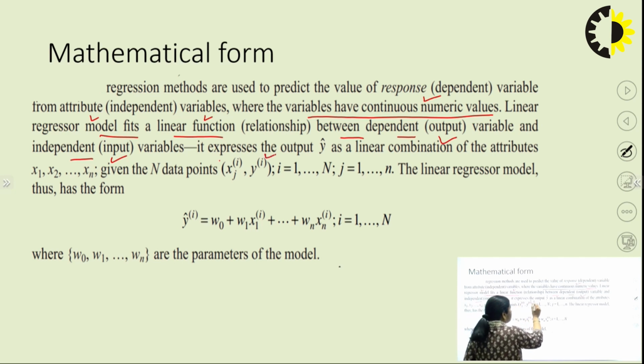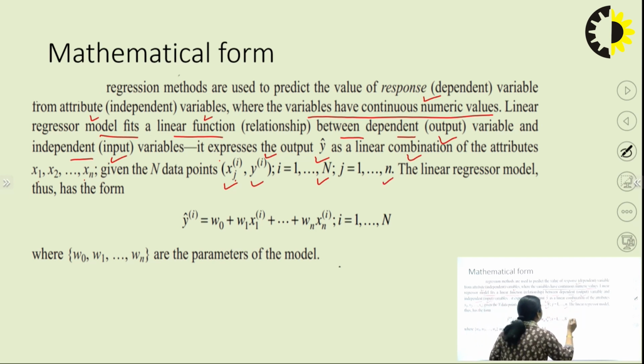It expresses the output y hat as a linear combination of the attributes x1, x2, up to xn, given n data points. This is our given data set xji, yi, where i is 1 to n. So we are given n examples, and in each example we have n attributes.